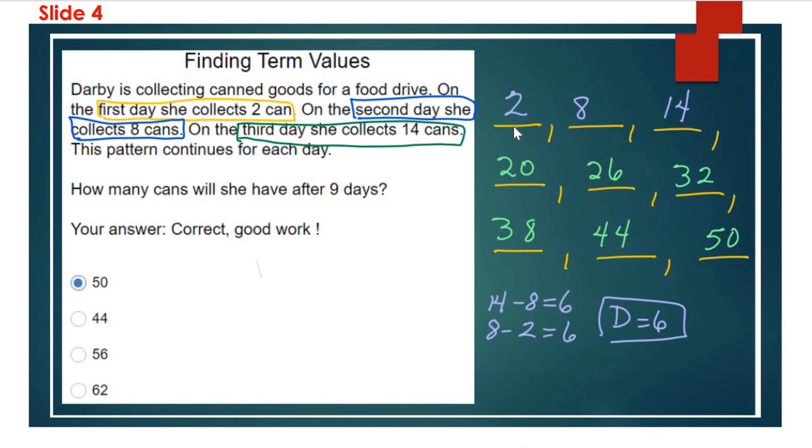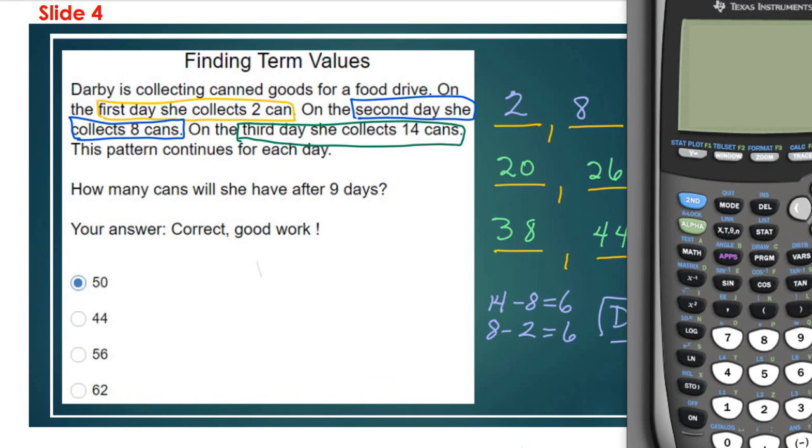So I have drawn out 1, 2, 3, 4, 5, 6, 7, 8, 9 blanks. And then I subtracted 14 minus 8, 8 minus 2 to come up with my common difference. So 2 plus 6 is 8, 8 plus 6 is 14, 14 plus 6 is 20.